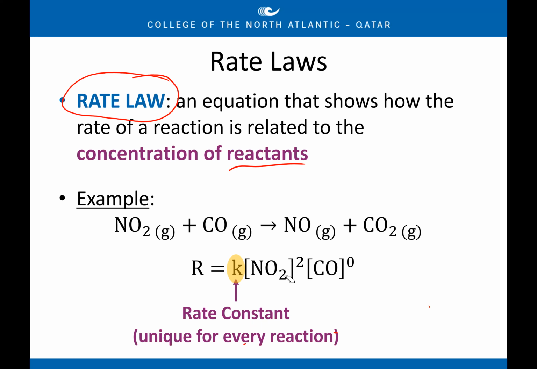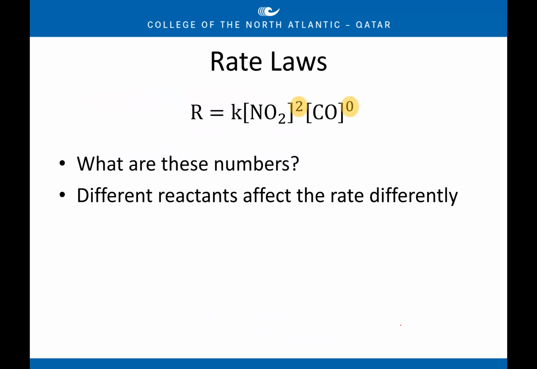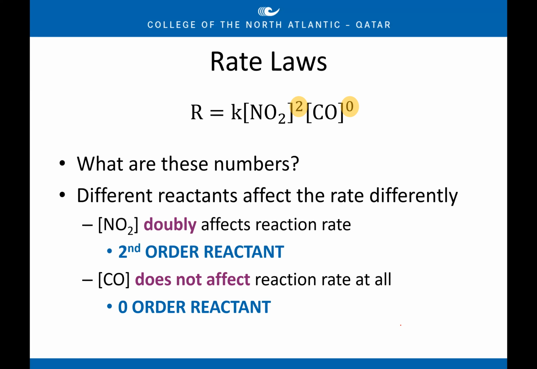This is obviously something that is given to you. These numbers, by the way, come from gigantic data books. So what are these numbers? Well, the numbers are called your reaction order. Okay, so this is called your order. I don't know why that's not written on the slide.